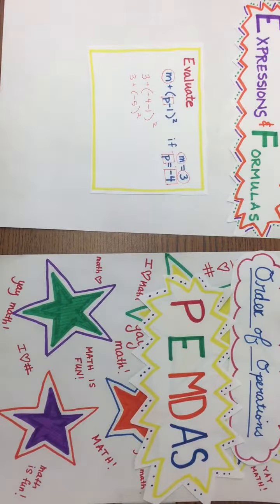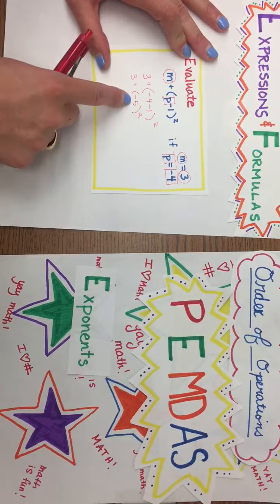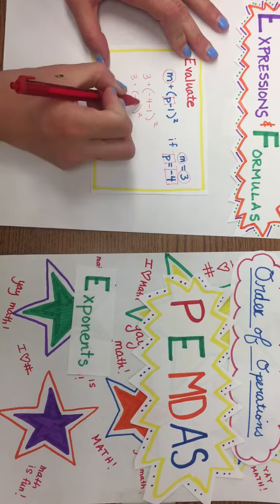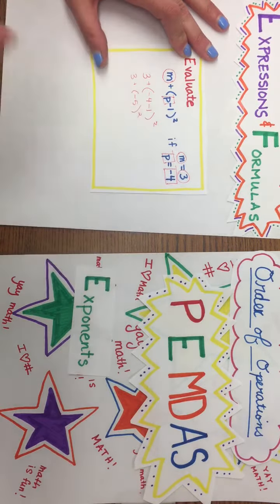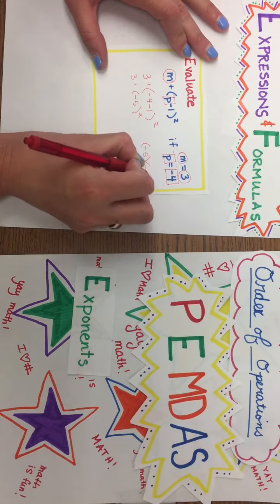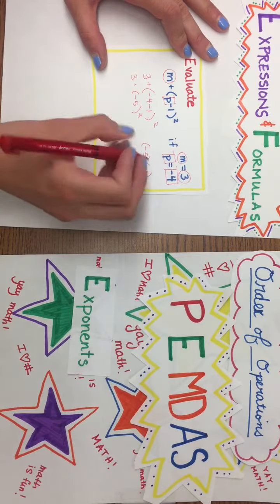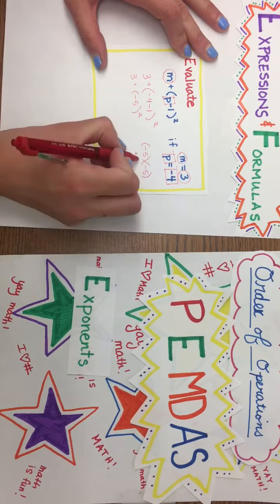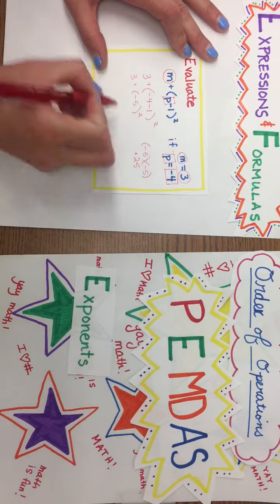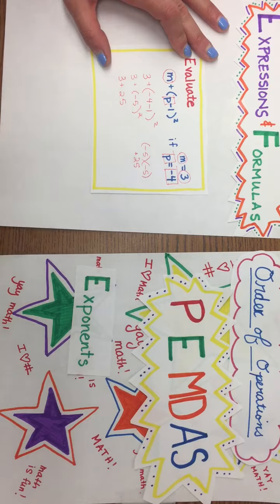I'm going to move on and handle any exponents I have. I have an exponent on negative 5, and that means I am squaring negative 5, or I'm multiplying negative 5 by itself. So negative 5 times negative 5: negative times negative gives me a positive. 5 times 5 is 25. So the quantity negative 5 squared, I will replace with 25.